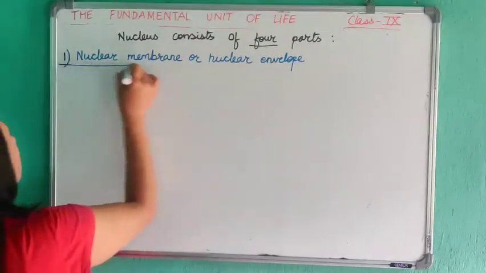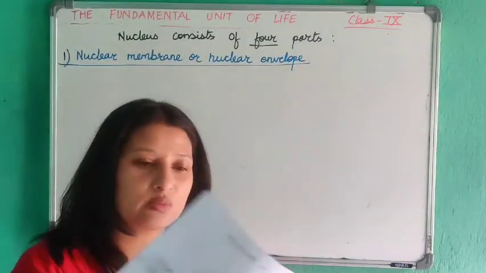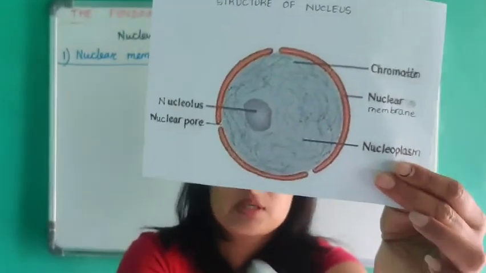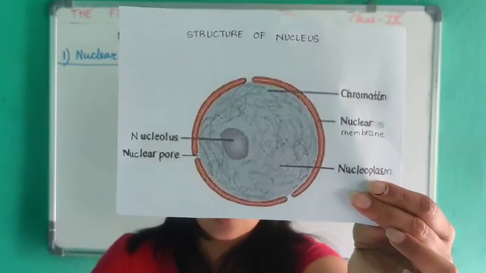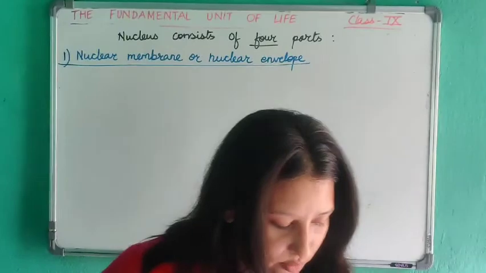Now if you observe, the nucleus is surrounded by a membrane. So this membrane चाहिँ दुईटा lines छ कि छैन. So it is surrounded by a double membrane of lipoprotein.